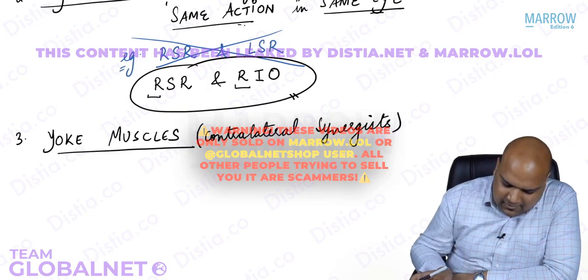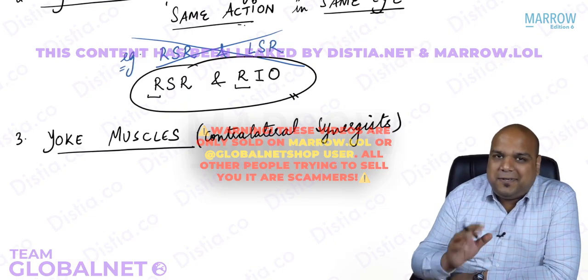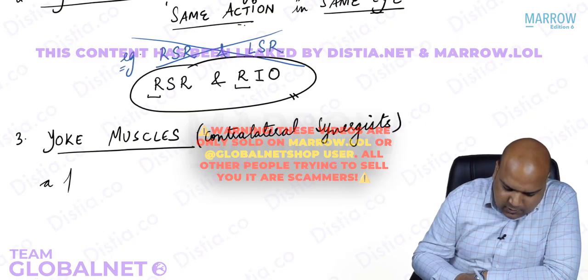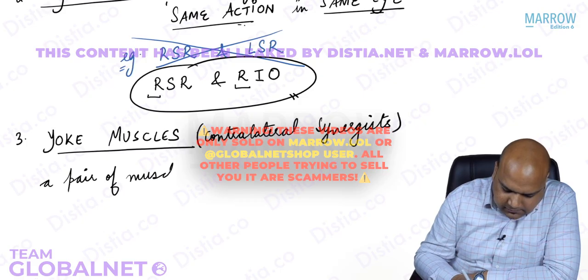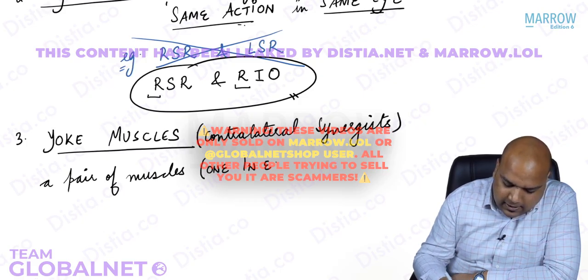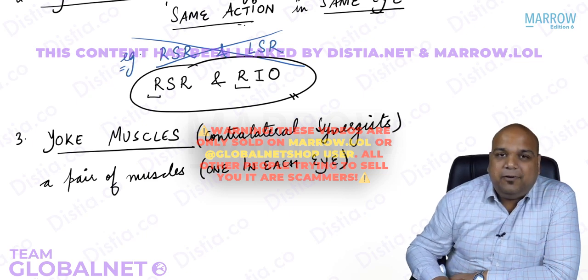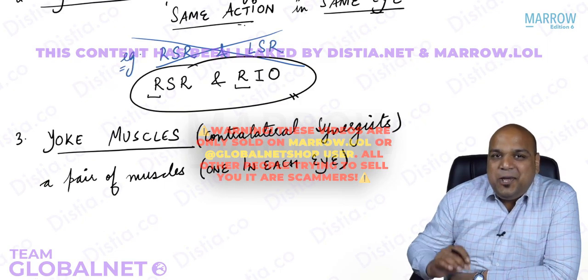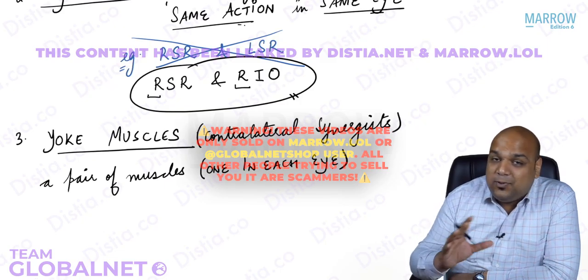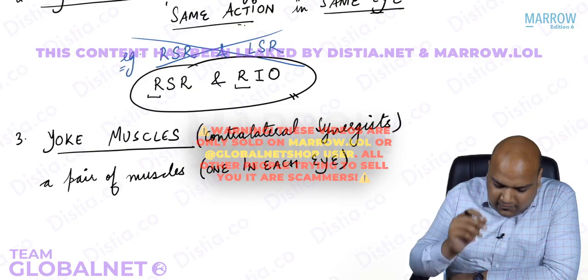Now, let's first write down what they are, then try to understand. Yoke muscles are a pair of muscles, one in each eye. If you understand the word contralateral, and I have written contralateral synergists, you understand yourself. I am talking about both the eyes. Contralateral, yes, one in each eye.